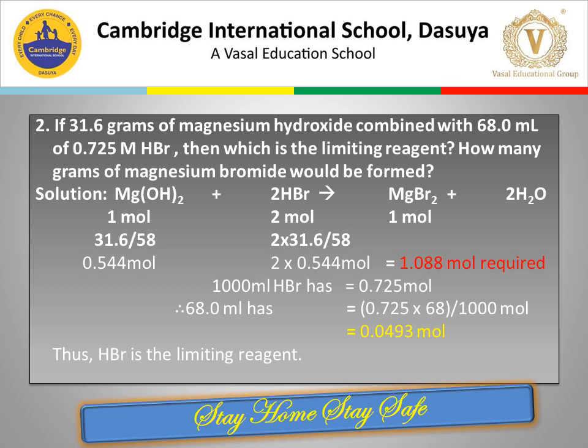So from this answer, what we see is the amount or the mole of HBr required was 1.088 mole, but we have only 0.0493 mole of HBr. That means HBr is the limiting reagent. So it will decide how much of magnesium bromide is formed.